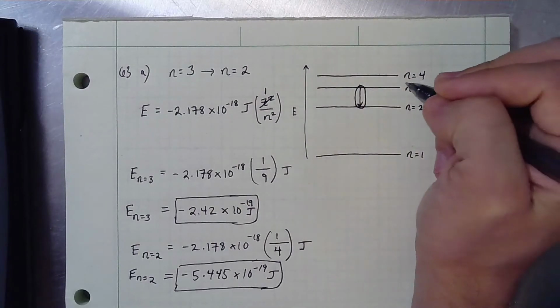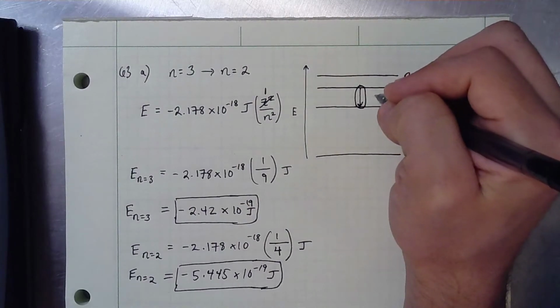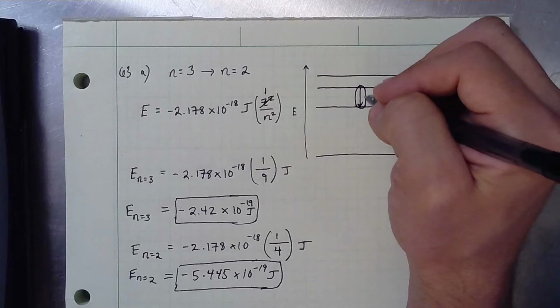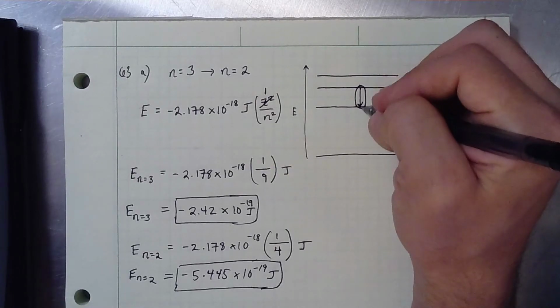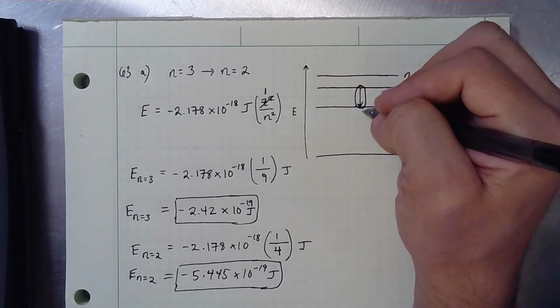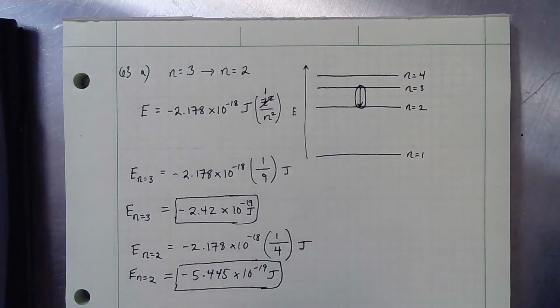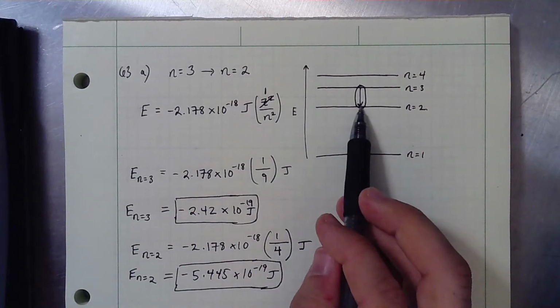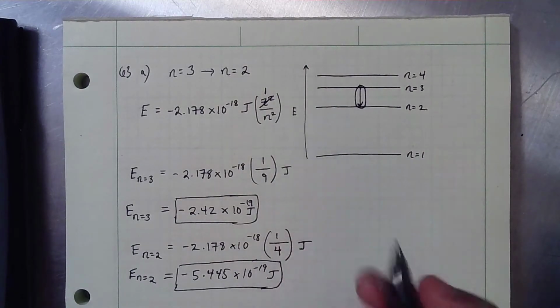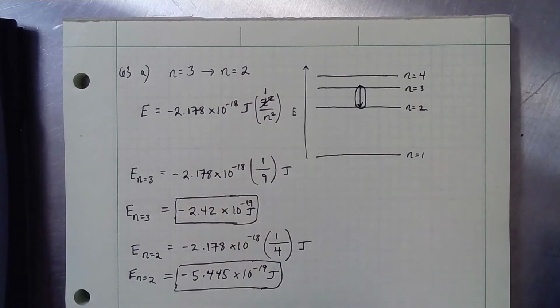So we're essentially going to be taking the absolute value of the subtraction here. So don't get hung up on which of these goes first. I guess technically we could do the n equals 2 minus the n equals 3. That seems to make sense to me in my brain. But at the end, we're just going to be taking the absolute value anyways, so it doesn't really matter. So let's just go ahead and do that.